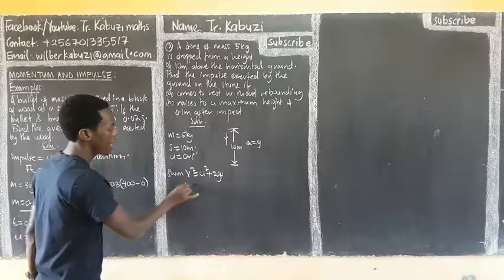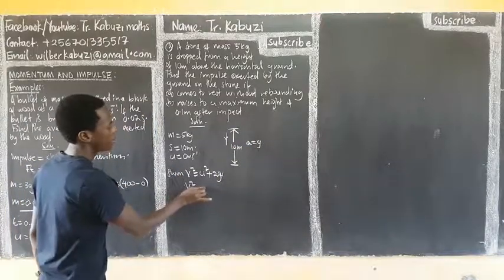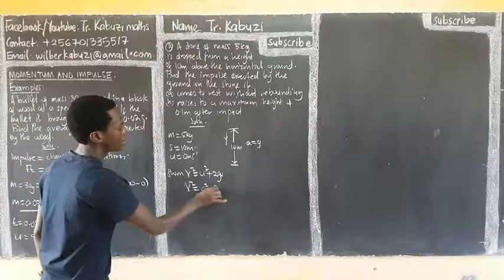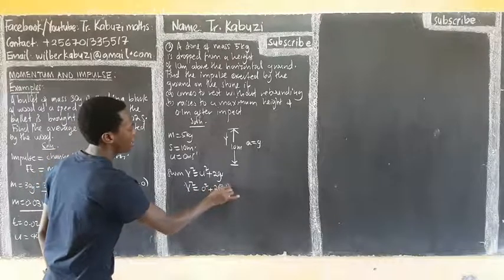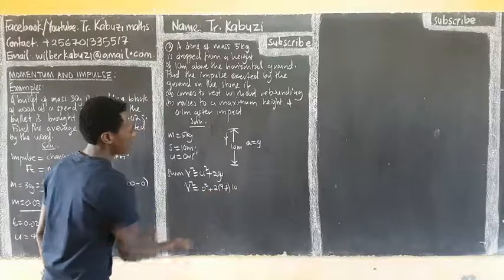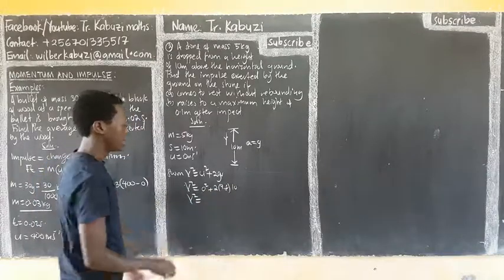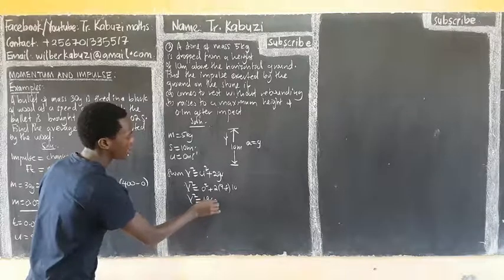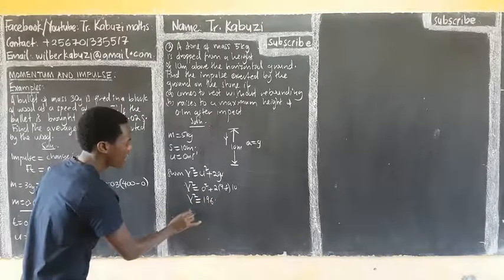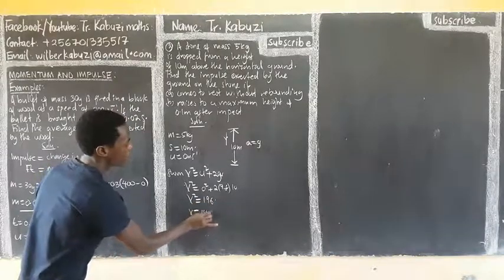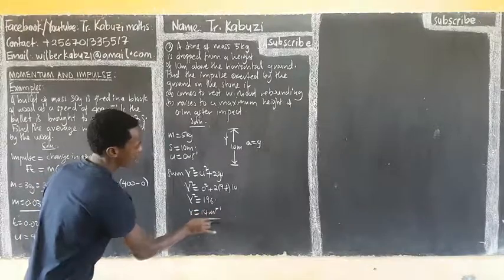So our V squared will be 0 squared plus 2 into 9.8 times 10. So my V squared there will be 196, and I think our V becomes 14 meters per second.